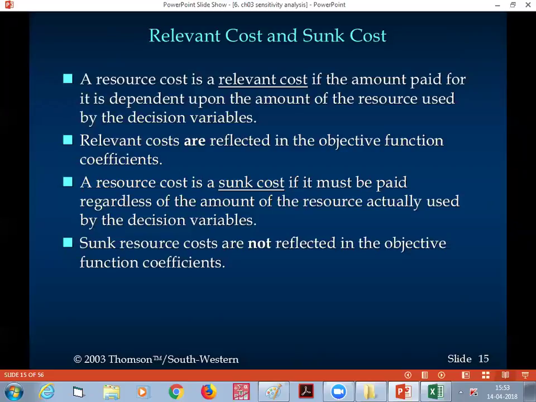So that becomes a sunk cost. If, on the other hand, we're using a certain amount only, and that is subtracted from the objective function coefficient, then that's a relevant cost. Only how much we use of it is relevant, not the total.